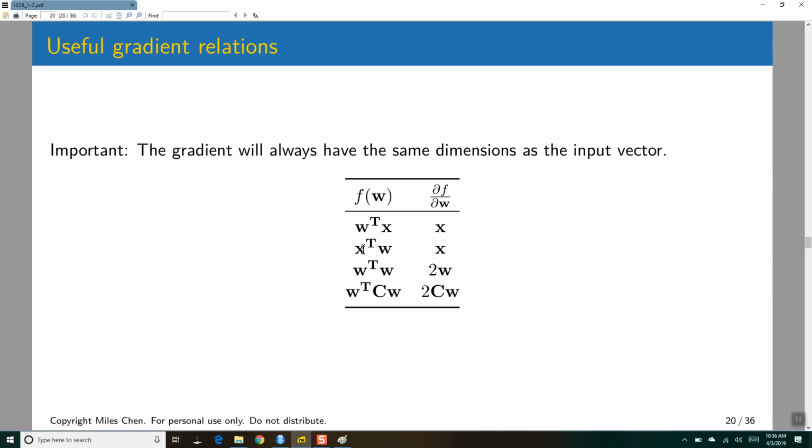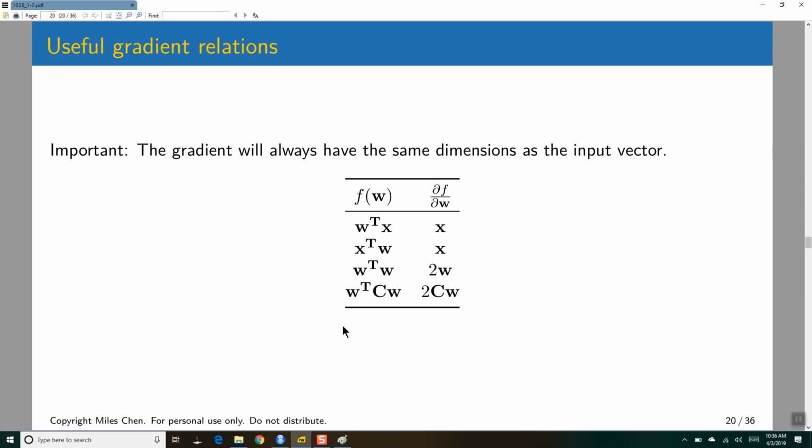And if you have x transpose w, and you take the gradient with respect to w, you get back x. And if you have w transpose w, which is kind of like w squared in matrix notation, you get 2w. So much like taking the derivative of x squared gives you 2x, w transpose w gives you 2w.